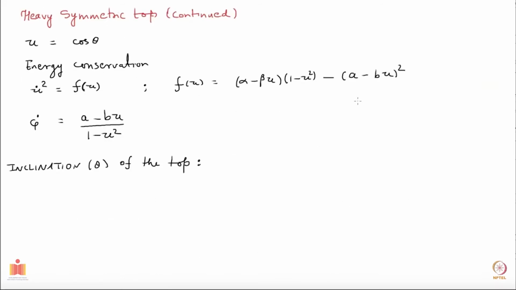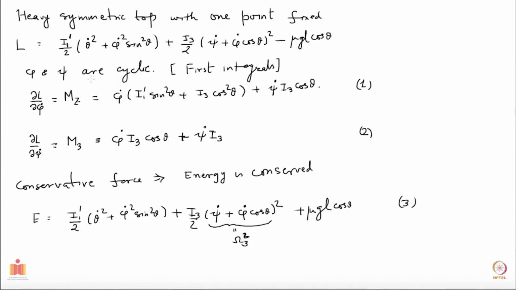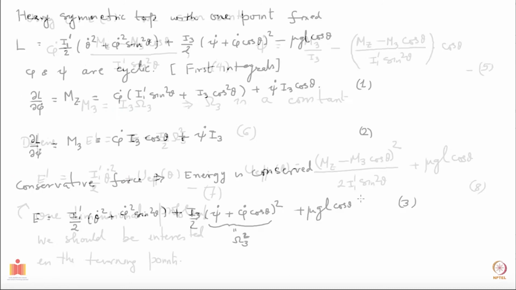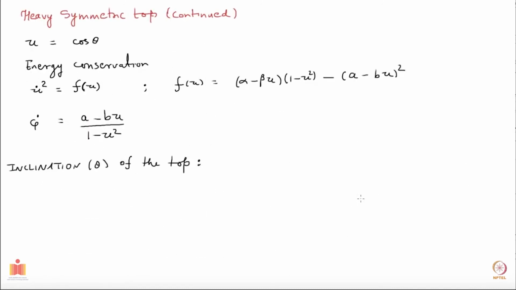So first of all, the physical motion will happen in the range -1 to 1, because cos theta can take values here. Let's go back. Theta could be 0 or theta could be pi. Okay, so it happens between u equal to 1 and -1. So that's what let's write down.